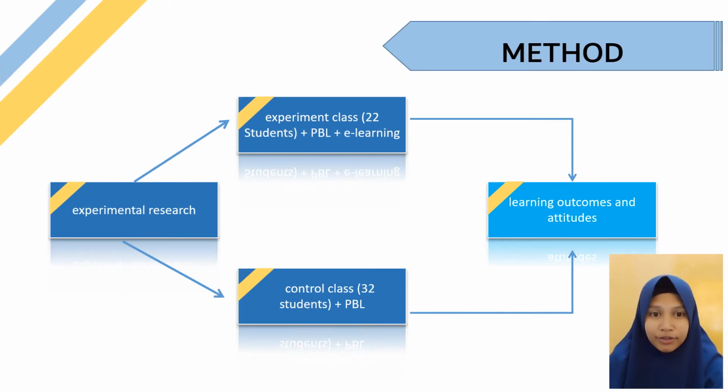Method. This research is an experimental study using a pre-test, post-test control group. The sample used is class 7 SMPIT Al-Kafi with the detail of one experimental class with a total of 24 students, given e-learning-based learning, and one control class with 32 students given conventional learning as a comparison. Data collection was obtained by conducting pre-test and post-test, as well as attitude assessment.